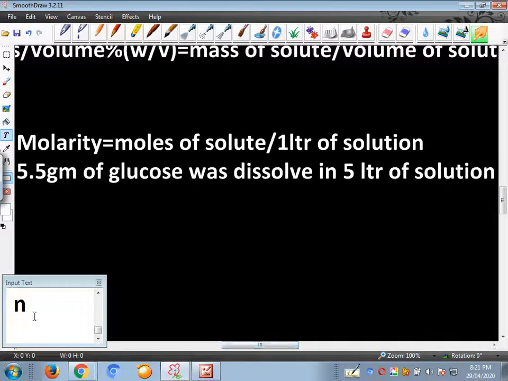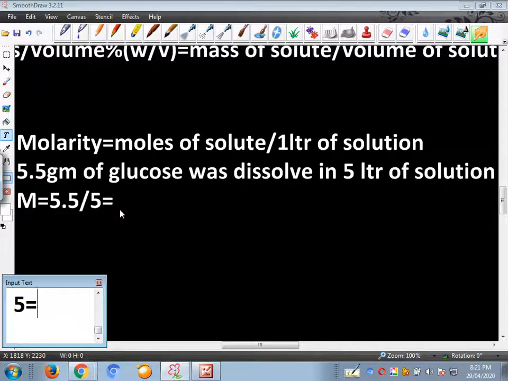So how to calculate? We know that molarity is given by the symbol M, that is equal to the moles of solute present, 5.5, divided by the volume. Now they have already given the quantity in liters, so we do not need to convert. That is directly substituted as 5. So this is the easy one.